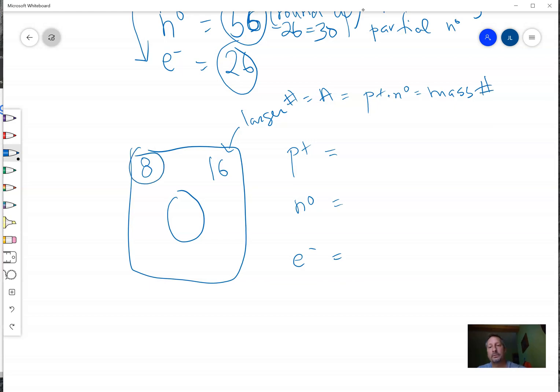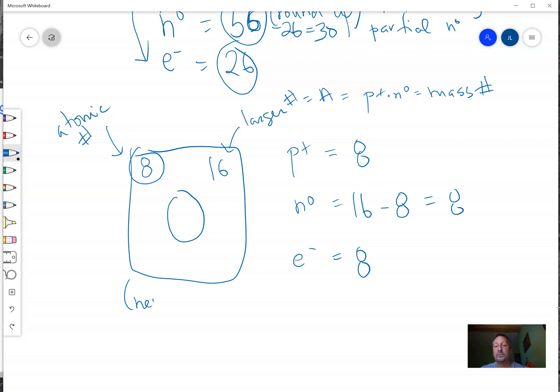This is smaller, it's the atomic number. So that's the first thing you have to remember. So protons is 8, 16 minus 8 equals 8 neutrons, and 8 electrons. Again, this is neutral, meaning no charge.